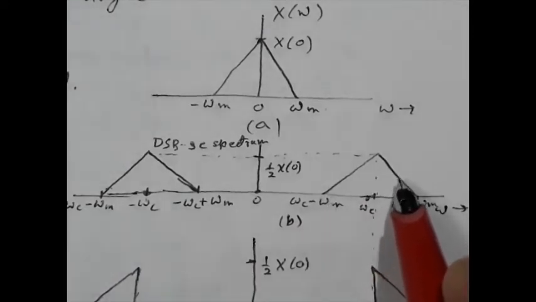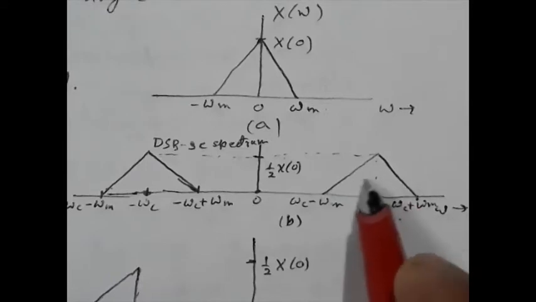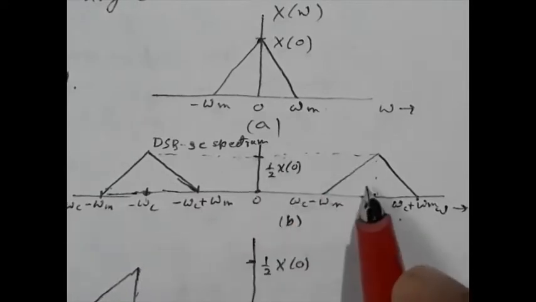Now what we are doing: this section is the upper sideband and this section is the lower sideband, and both the sidebands carry an equal amount of information, and DSB-SC used to transmit both.